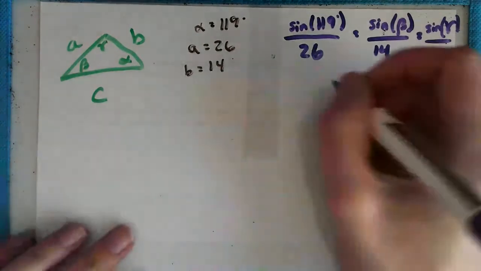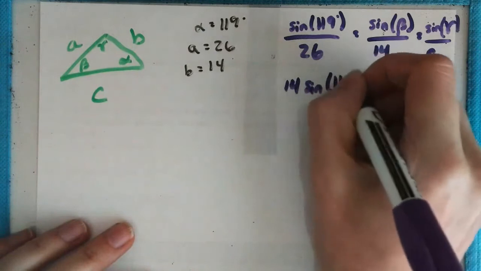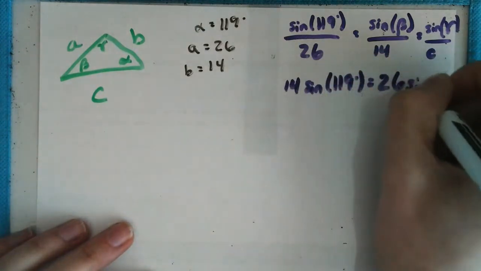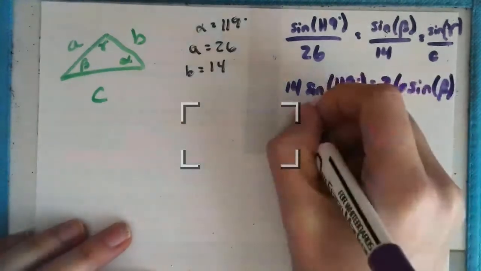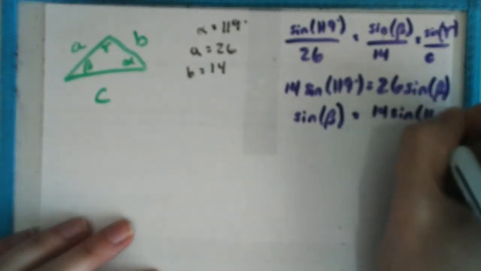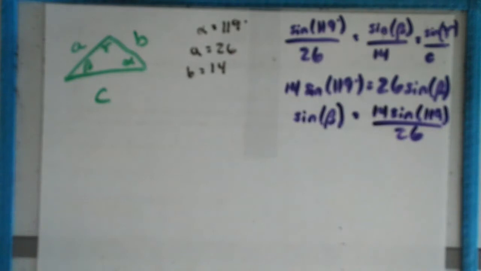So if I cross multiply this, then I have 14 times the sine of 119 degrees is equal to 26 times the sine of angle beta. I can divide both sides by 26, and we get the sine of angle beta is equal to 14 times the sine of 119 over 26. So now I'm going to inverse sine both sides.